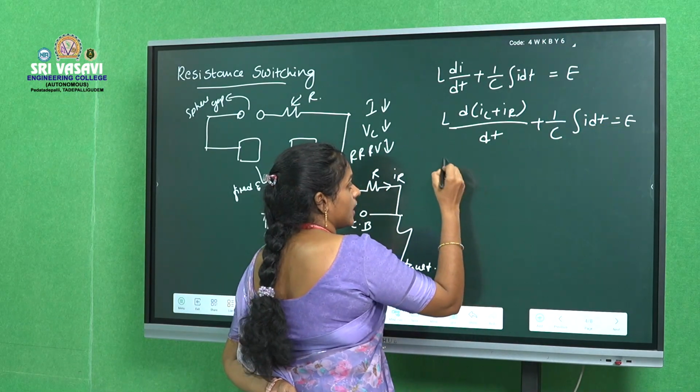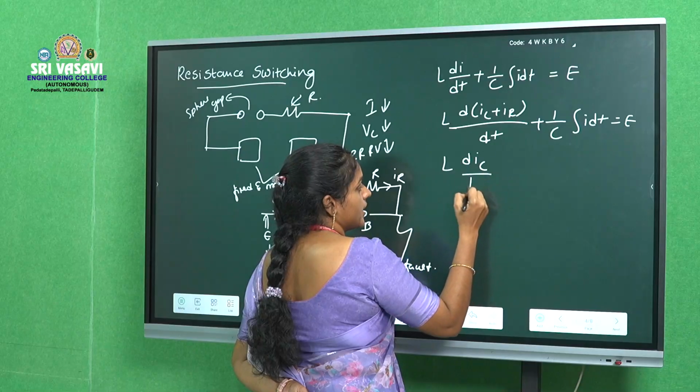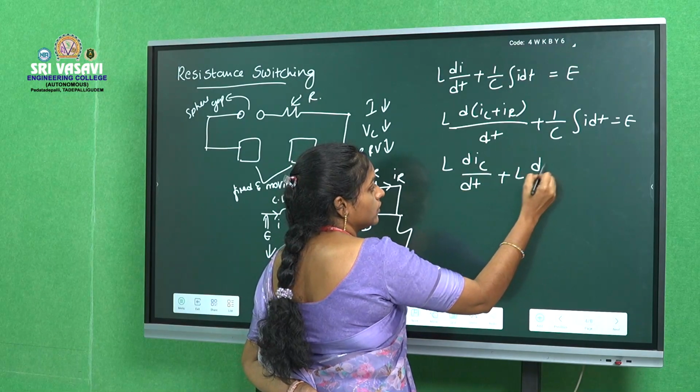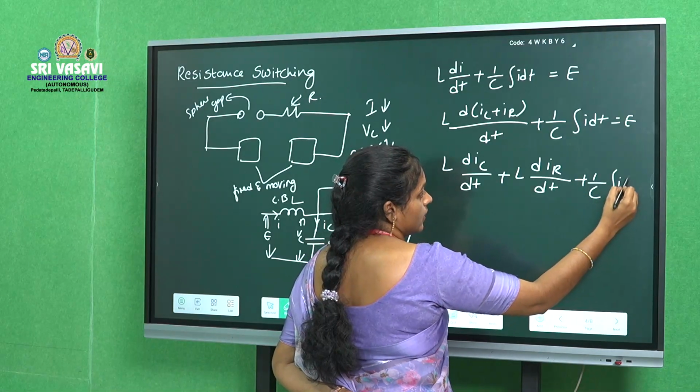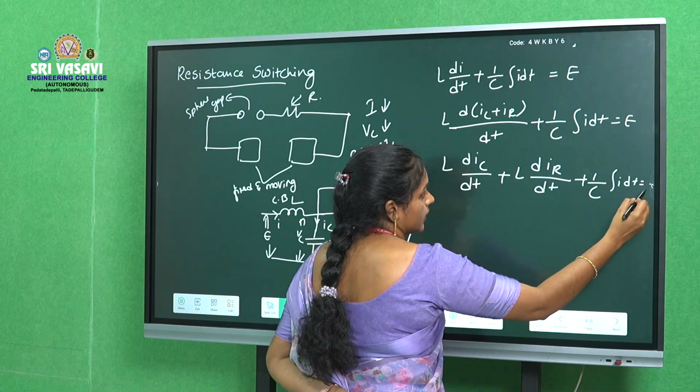As usual, we can write L into dIC by dt plus L into dIR by dt plus 1 by C integral I dt equal to E.